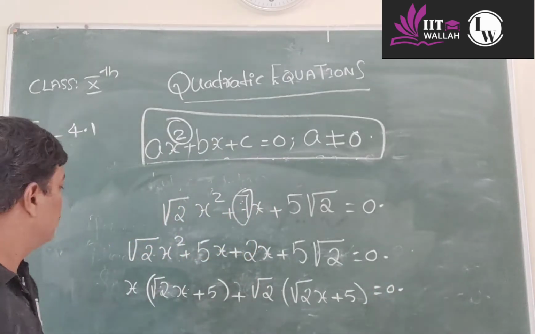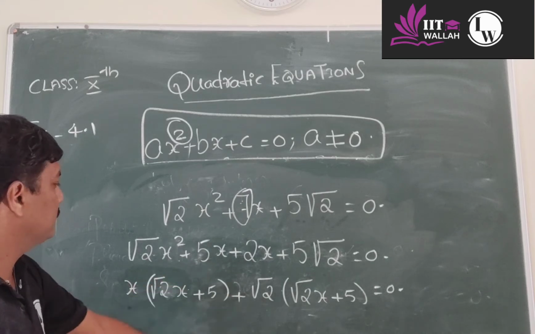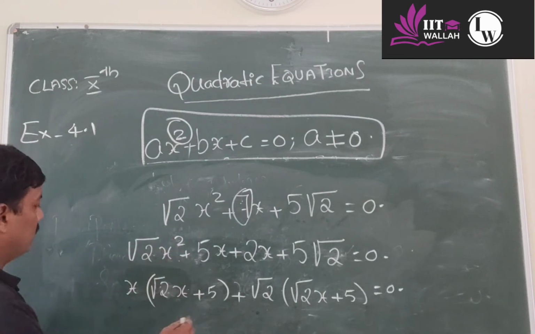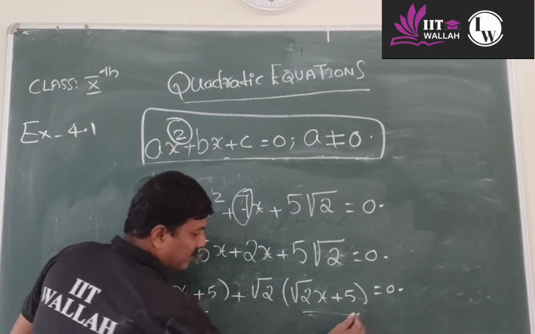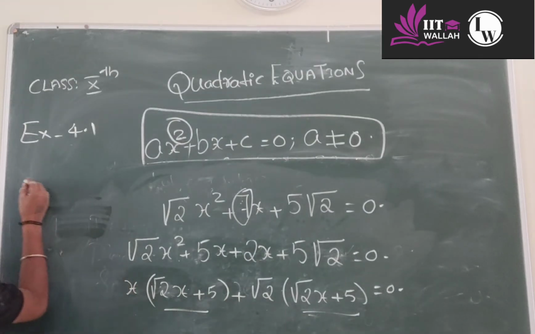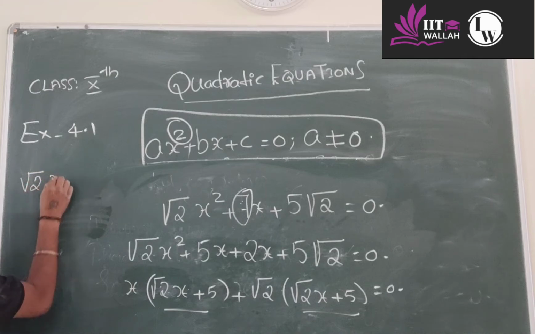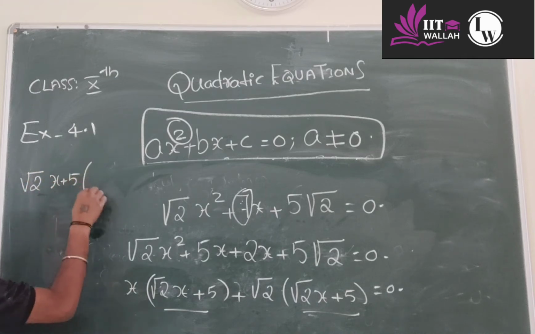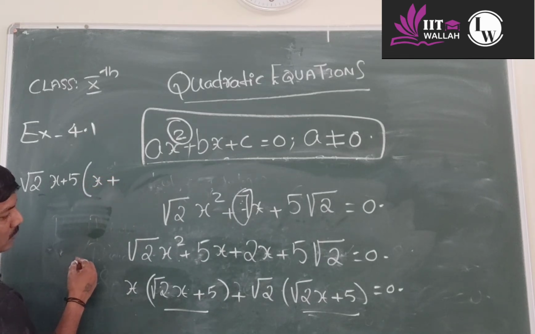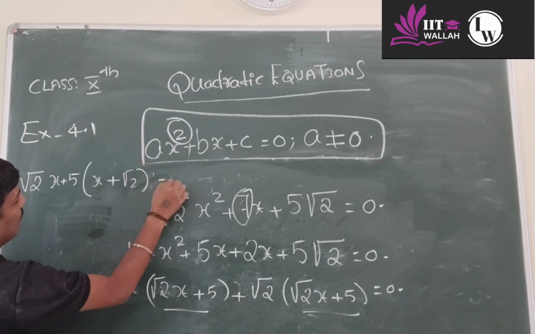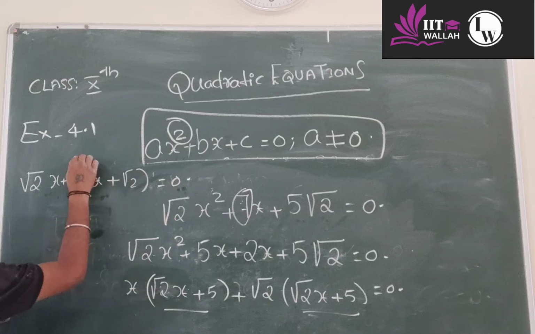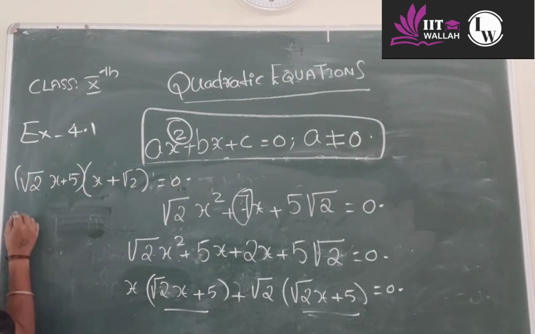Okay, I took x outside from here and I took root 2 outside from here. Now this term is common, so you take that also out. So root 2 x plus 5 outside, inside x plus root 2, equal to 0. Now you equate this with 0 and this with 0.